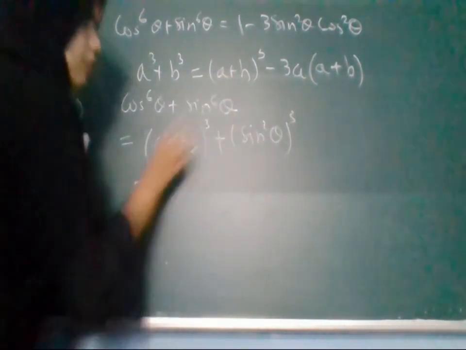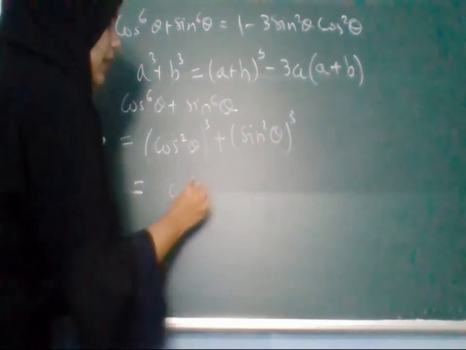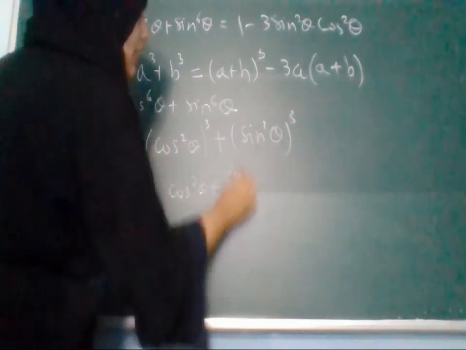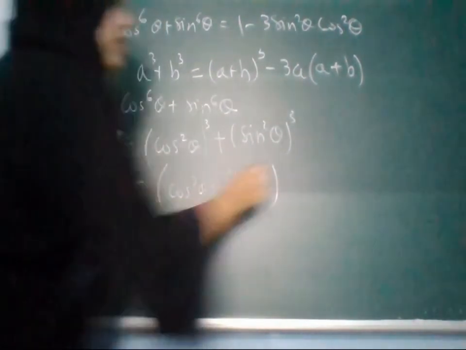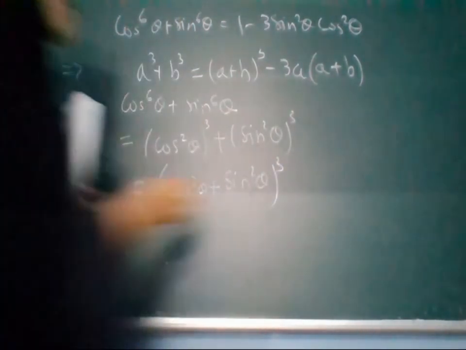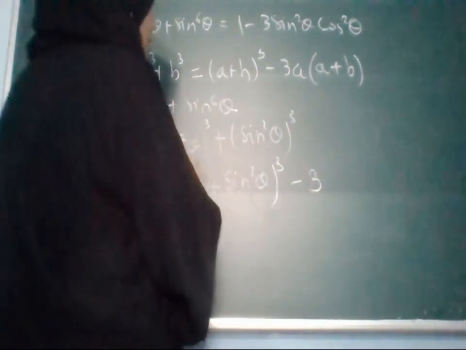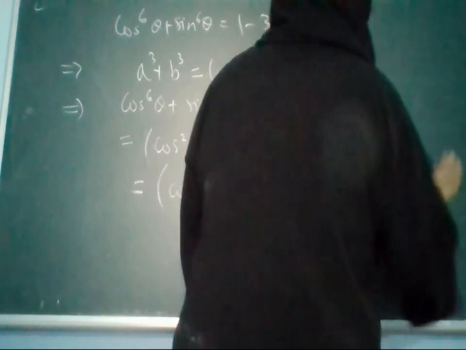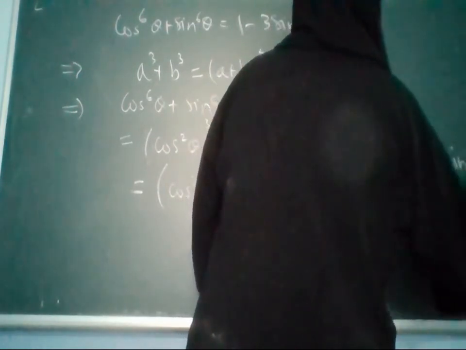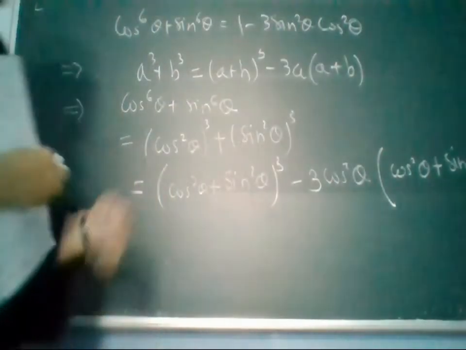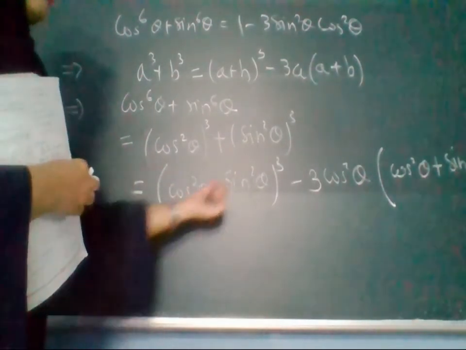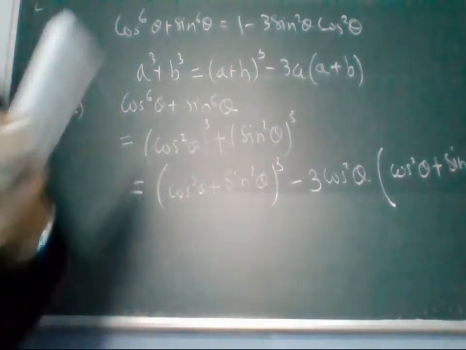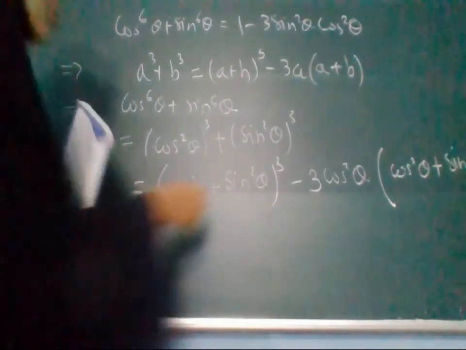So from this formula it will be cos square theta plus sin square theta whole cube, minus 3 times a, cos square theta, then a plus b, cos square theta plus sin square theta. Now you can see here cos square theta sin square theta is common, so we will take that out.